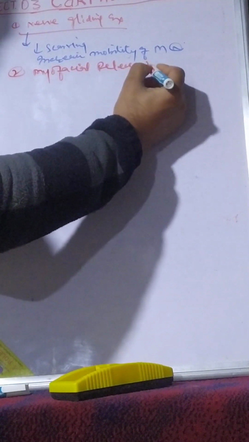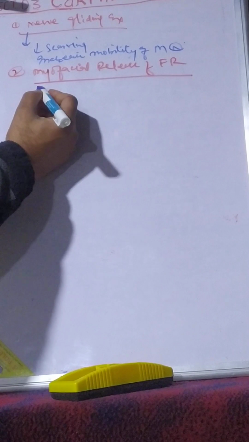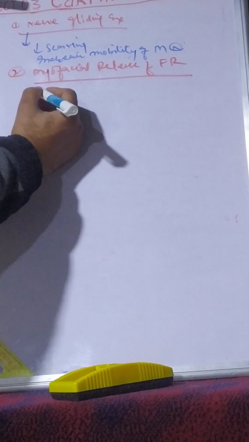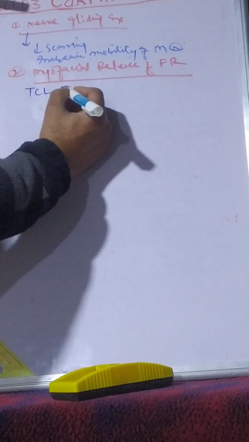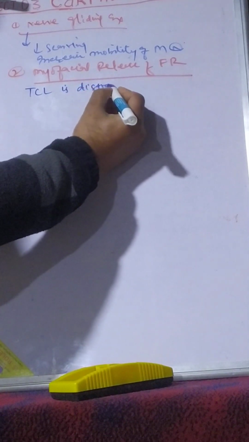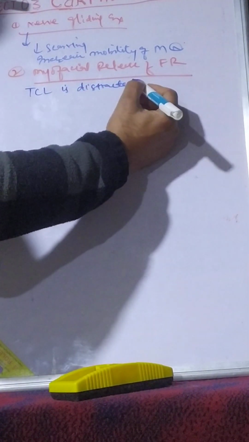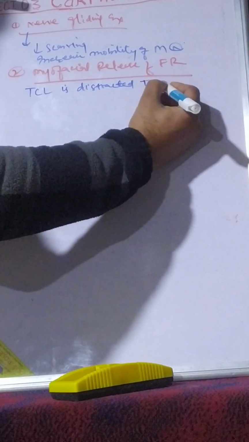Myofascial release of the flexor retinaculum is another exercise. In this, the flexor retinaculum, or transverse carpal ligament, is distracted transversely.